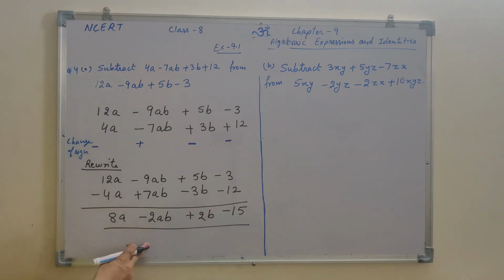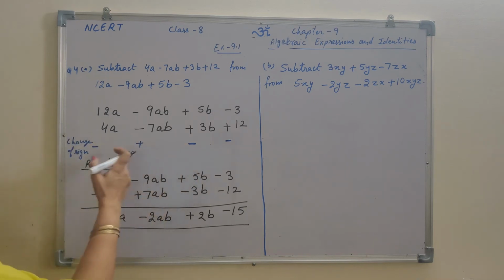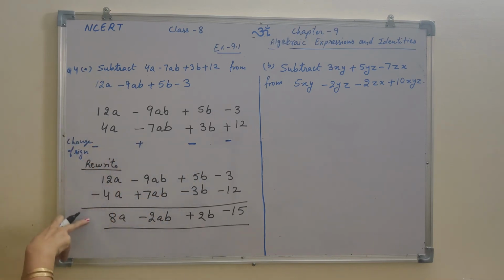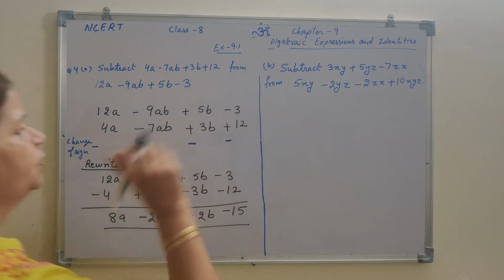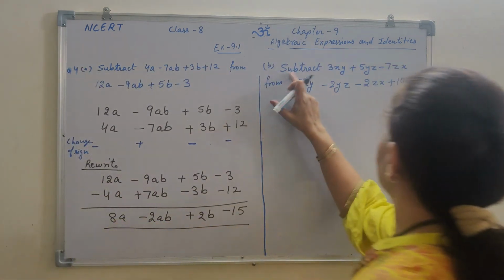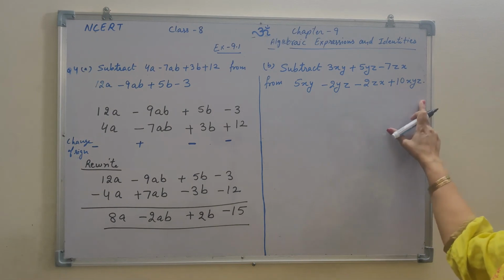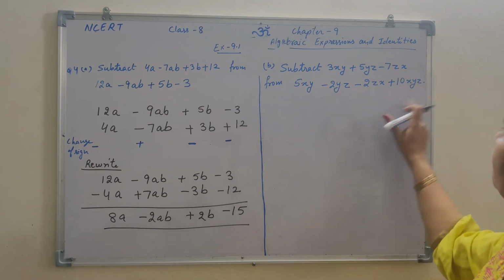We have done subtraction. We changed the sign, then rewrote these expressions with their changed signs and then used the rules of addition. Understood? Similarly, we are doing the second part. Again we have to subtract this from this. From means this expression will come first.